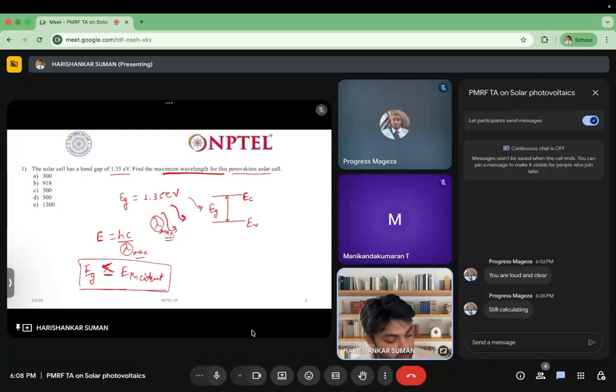So just put in this equation, in electron volt, Eg equals hc by lambda max.